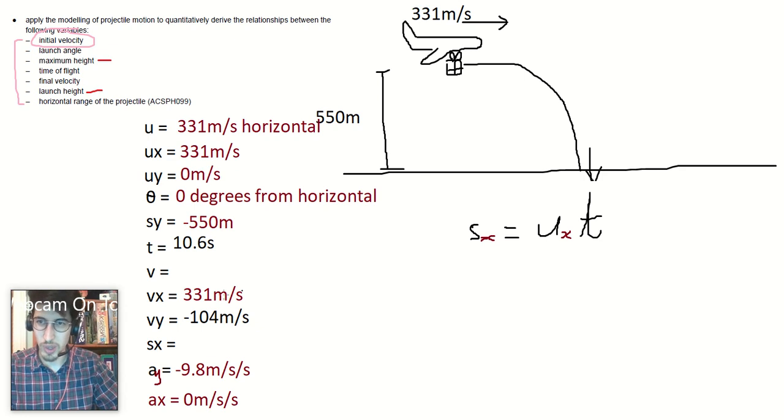Simply, ux we've got is 331. 331 times time, which we worked out was 10.6, equals sx. And if we calculate that here, that gives us a large number, 3,509 meters.